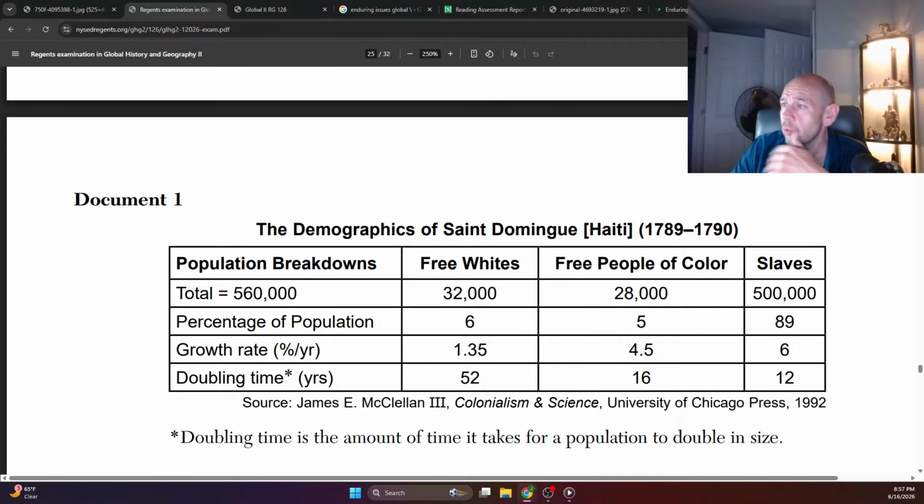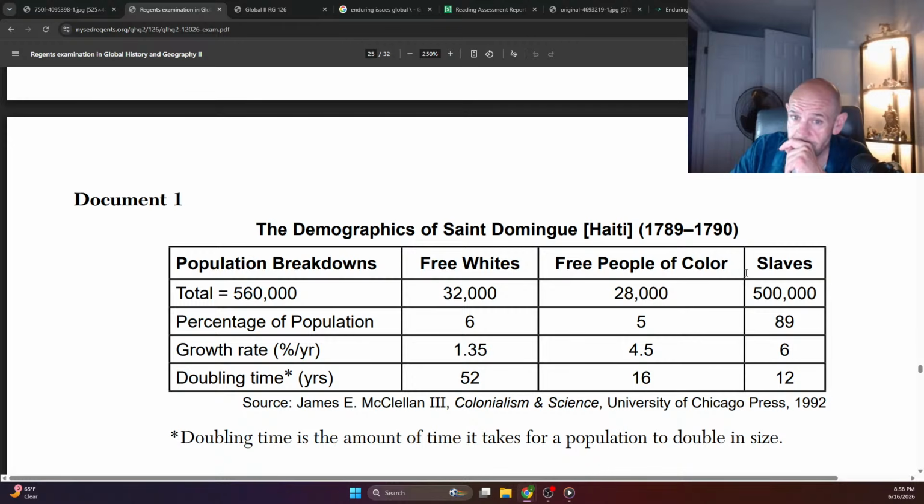So the question then becomes, what argument about anything, what issue does this demonstrate? Is slavery on its own an issue? It absolutely is. So an enduring issue related to this document that reflects an accurate reading and understanding of it is slavery.